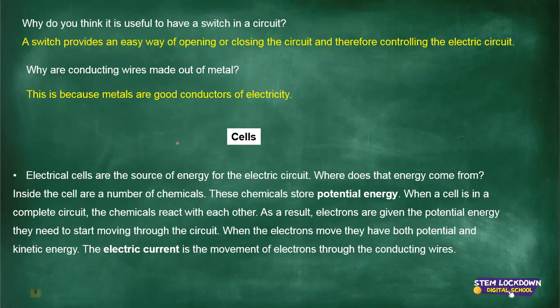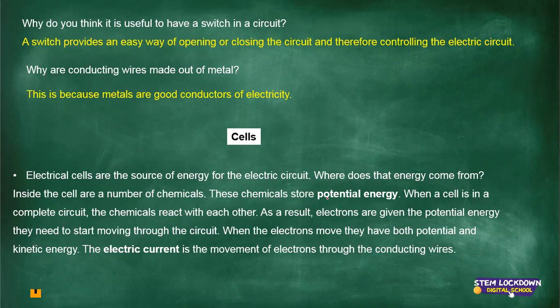So I'm going to explain the meaning of cells to you. An electrical cell is the source of energy of the circuit. Where does the energy come from? Remember the pictures that I showed you earlier on? Inside the cell, there's a number of chemicals, and these chemicals store potential energy.